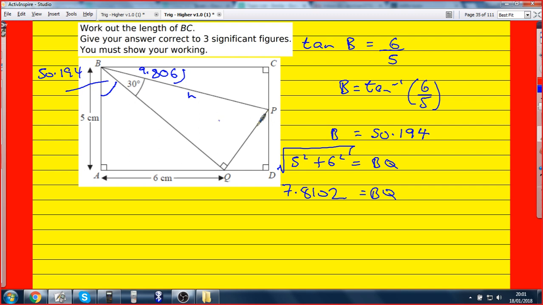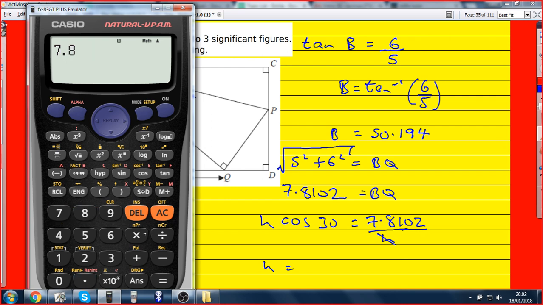A. So we want cos. So cos of 30 equals the A over H, which is 7.8102 over H. Then you move the H: you times that by H, put the H that side, and move that all to the other side. So it's 7.8102 divided by cos 30.